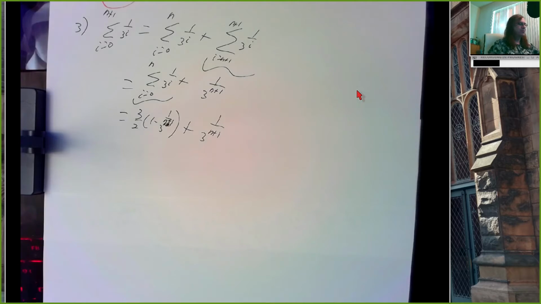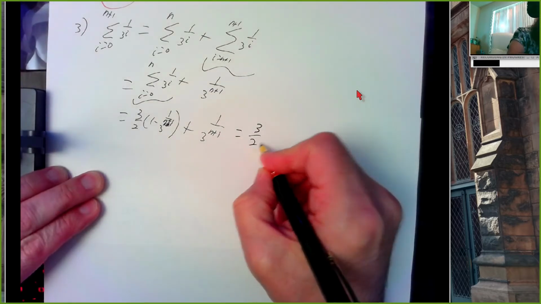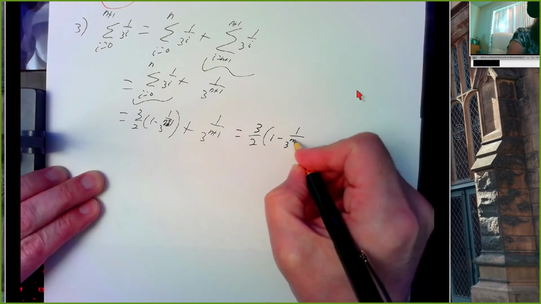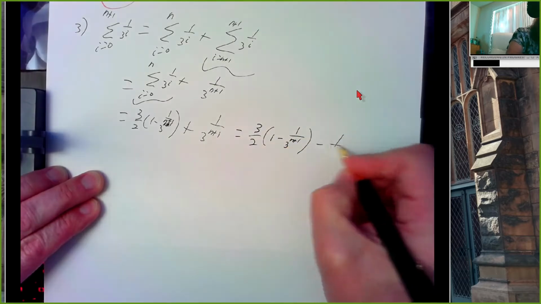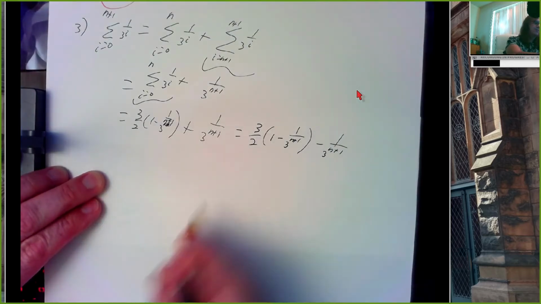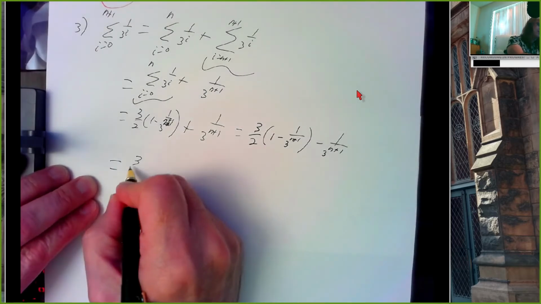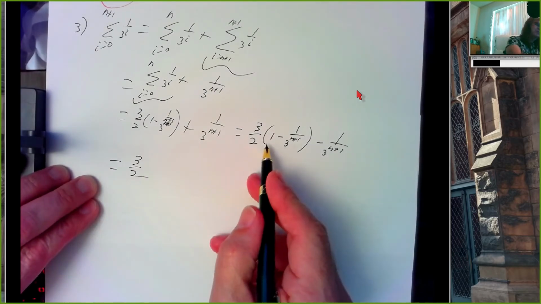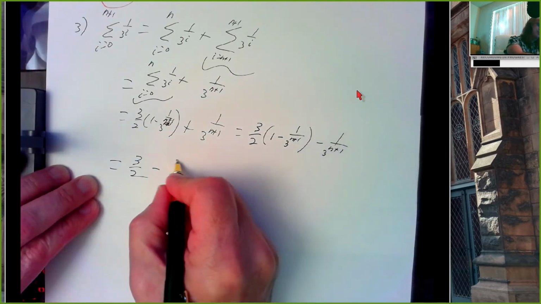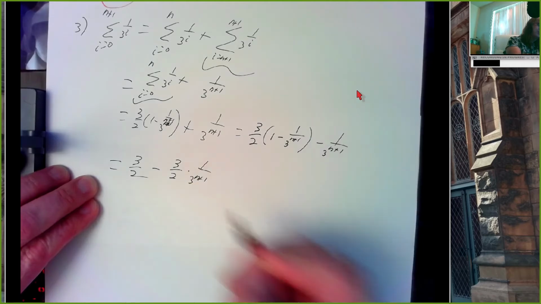So I might write this as, and let me write this a little neater, 3 halves times 1 minus 1 over 3 to the n plus 1, minus 1 over 3 to the n plus 1. That's just exactly what I had written there without the scribble. And so let's multiply the 3 halves. So 3 halves times 1 is 3 halves. 3 halves times 1 over 3 to the n plus 1 will be 3 halves times 1 over 3 to the n plus 1.